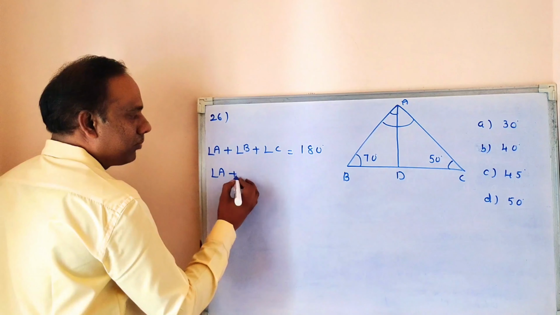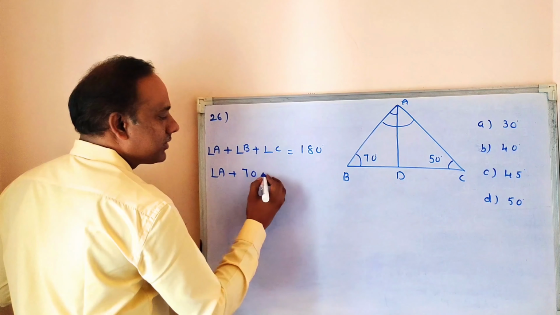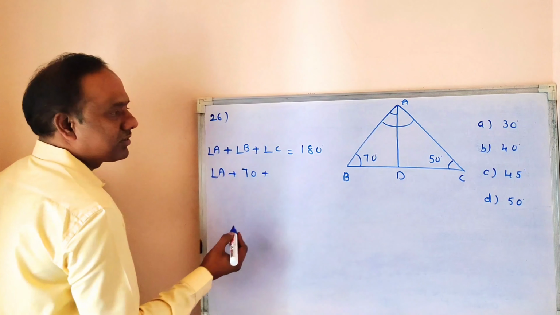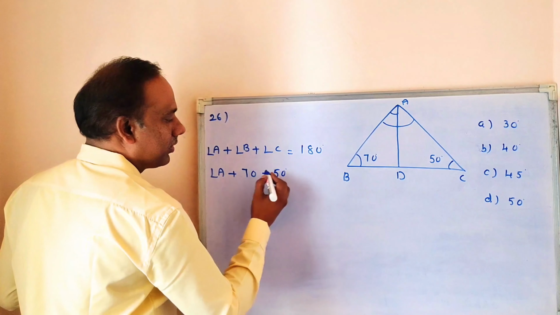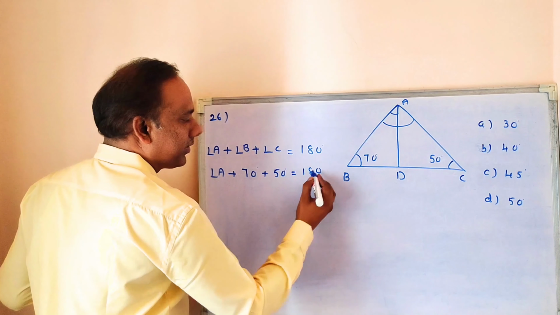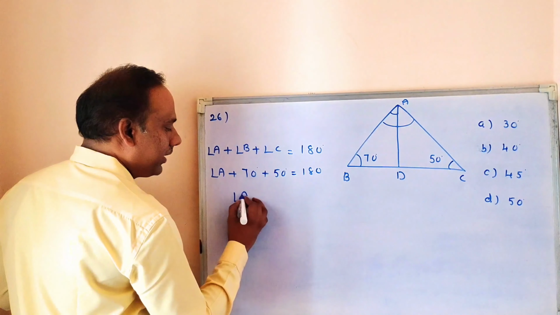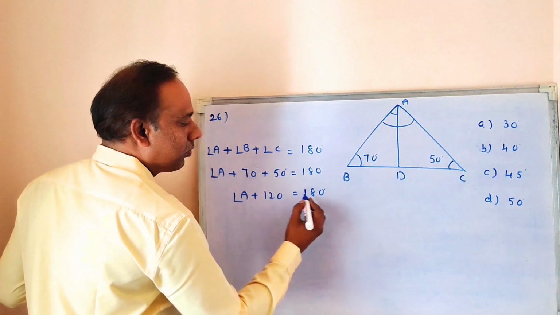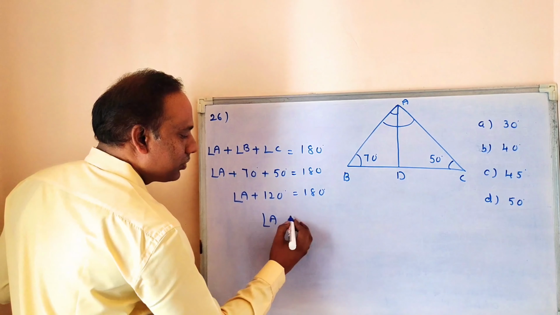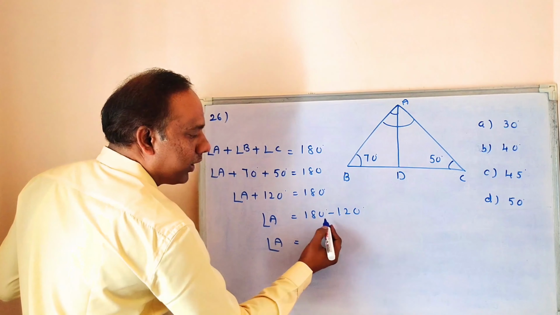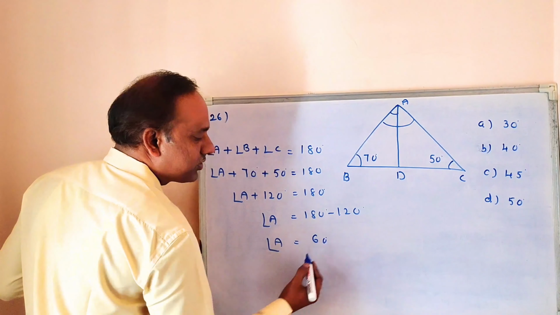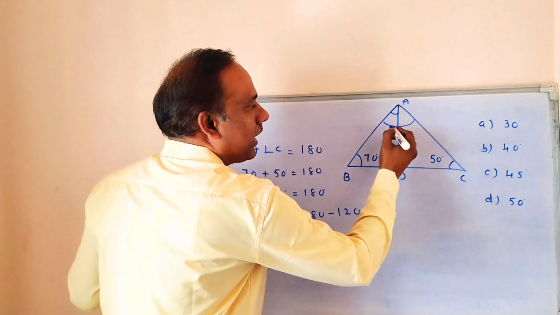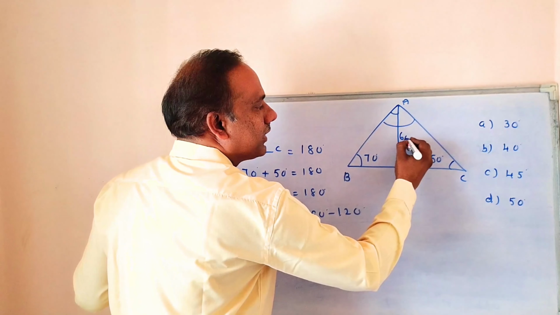Angle B is 70, angle C is 50, so angle A plus 70 plus 50 is equal to 180. 70 plus 50 is 120. So angle A is equal to 180 minus 120, which is 60 degrees. That means this total angle is 60 degrees.